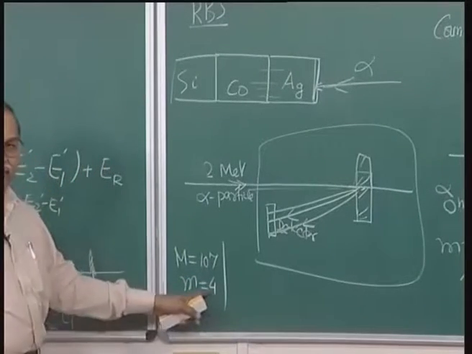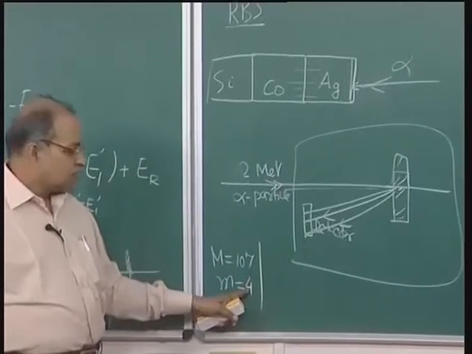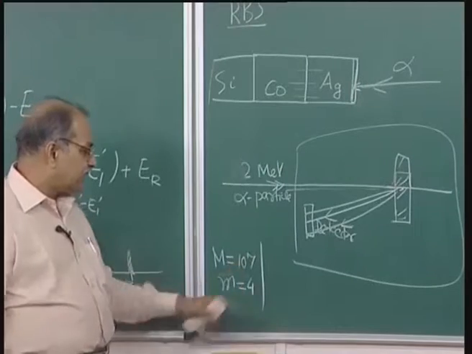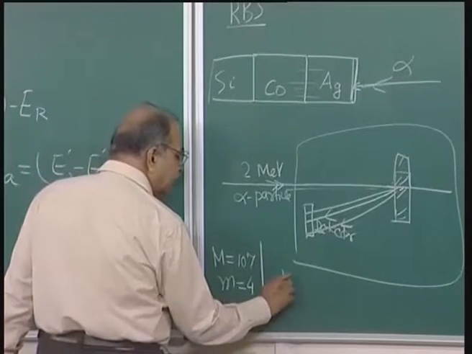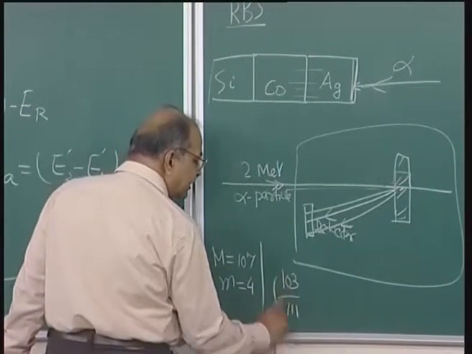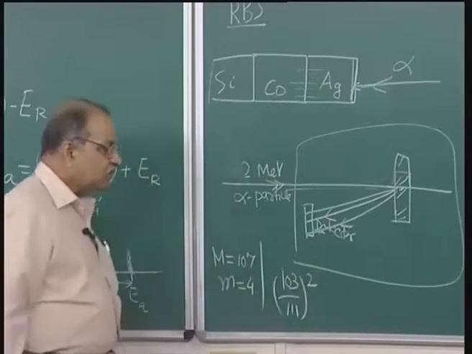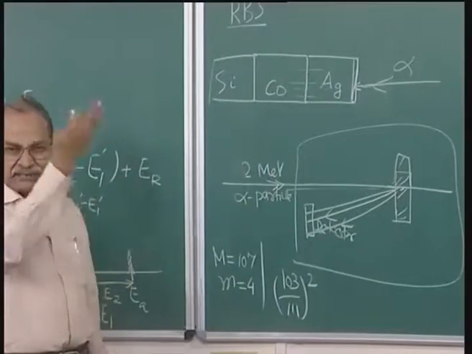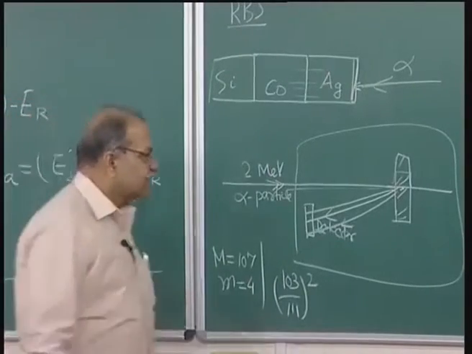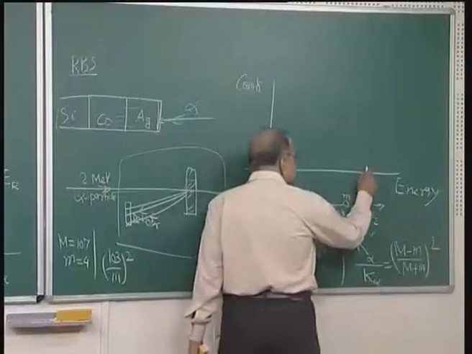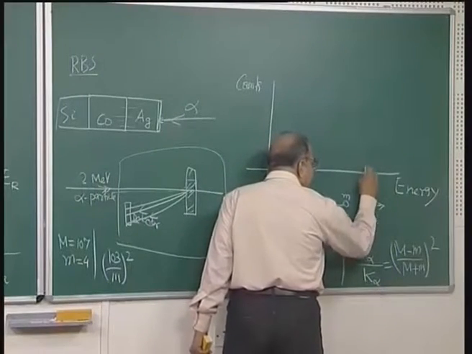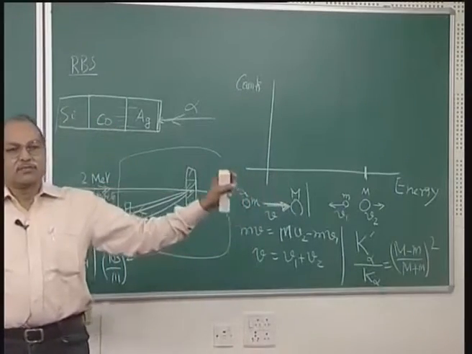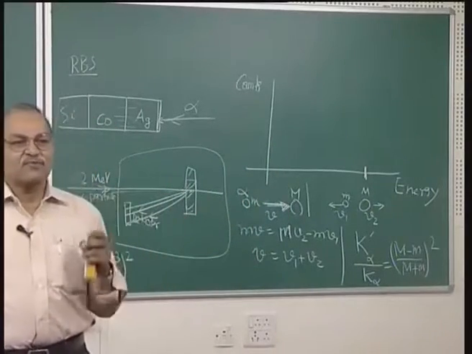Helium has 4 particles, 2 protons and 2 neutrons, total mass number 4. For silver the mass number is 107, so this factor will be 103 divided by 111 squared. So it will be reduced to something like 0.96. Correspondingly this particle will have this energy, and no alpha particles will have energy more than this.